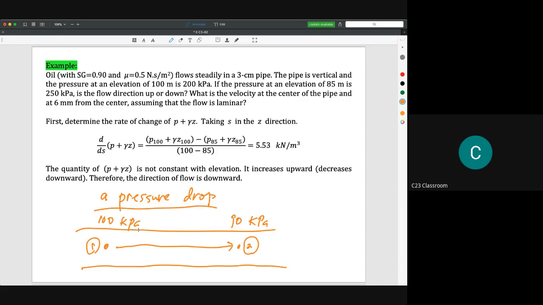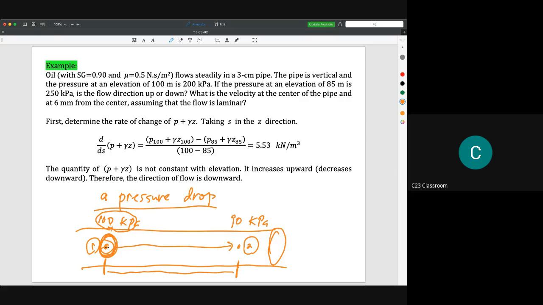Okay, because the velocity is constant, because the cross-sectional area is constant, and the losses, meaning the resistance from point A to point B, are also constant. So now the pressure will drop, but you could see that the higher pressure is the starting point of the flow.